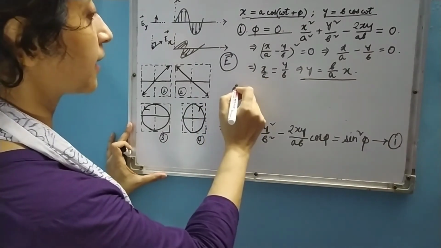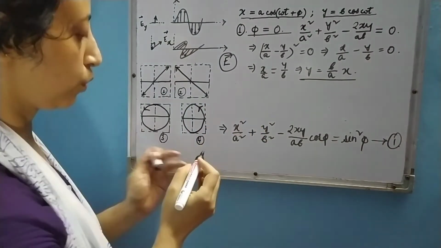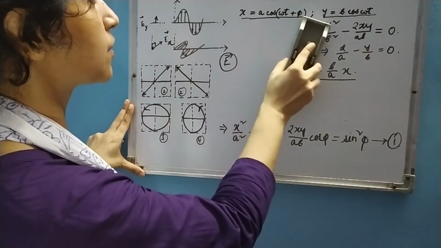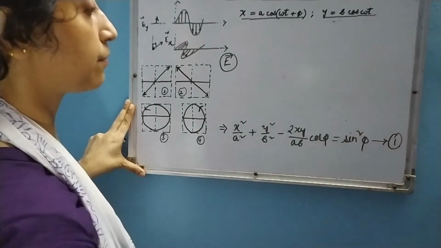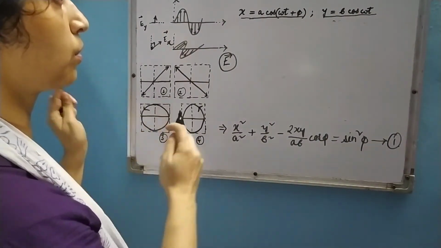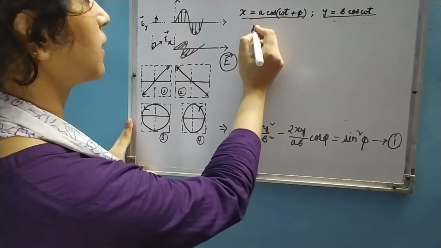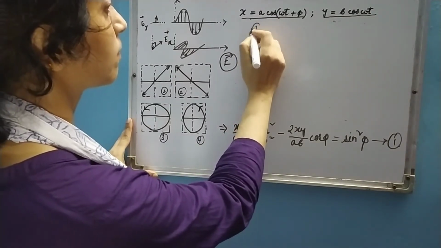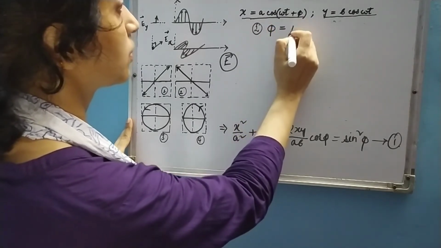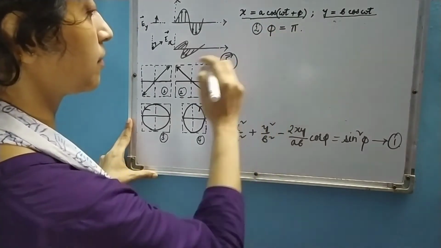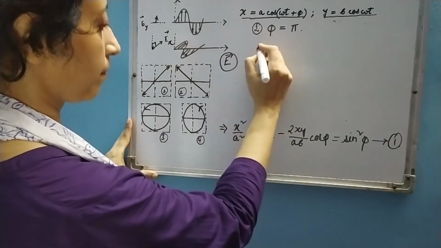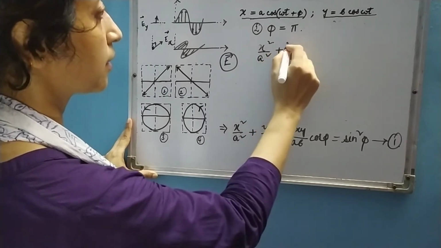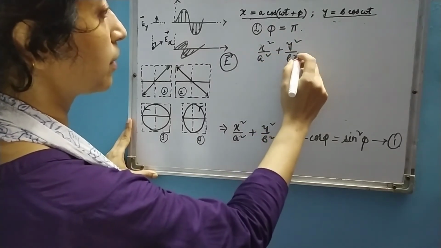Now come to another case, case number 2. In the second case, we say that the phase difference between the two vectors Ex and Ey is phi equals pi. So x squared by a squared plus y squared by b squared will become what?